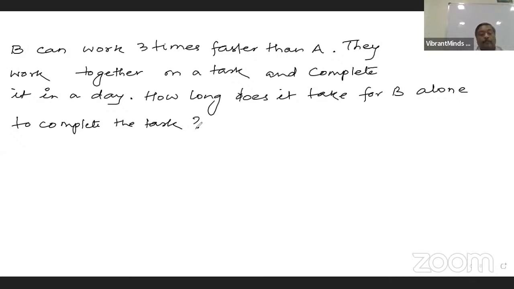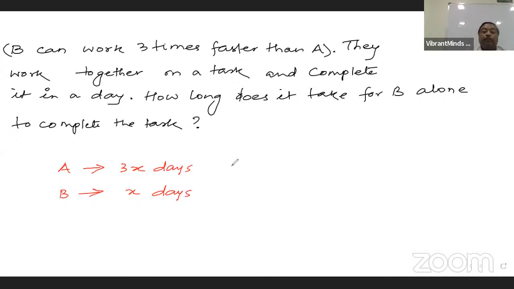Now see, understand. B is 3 times faster than A. This can be seen like this: if A completes the job in, let's say, 3x days, then B is going to complete it in x days, if B is 3 times faster.